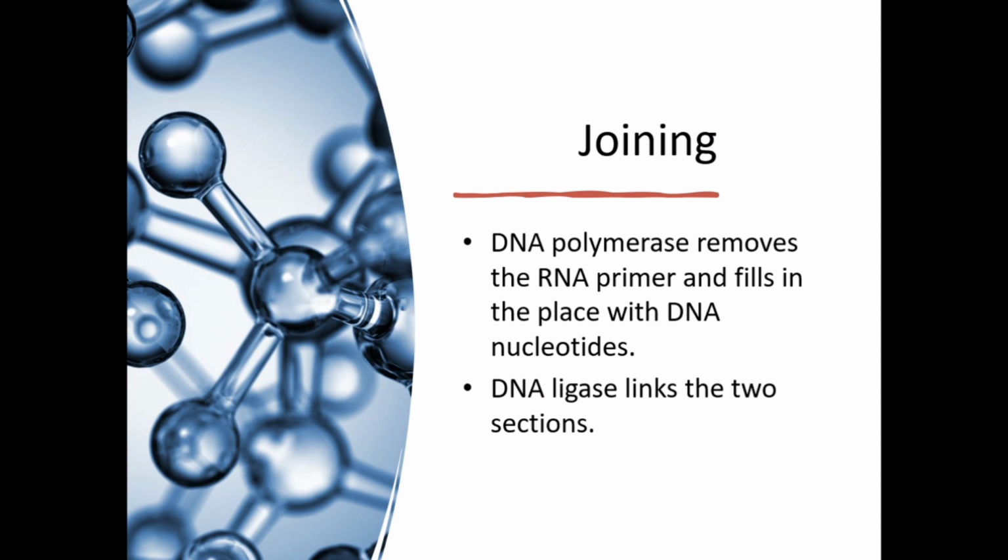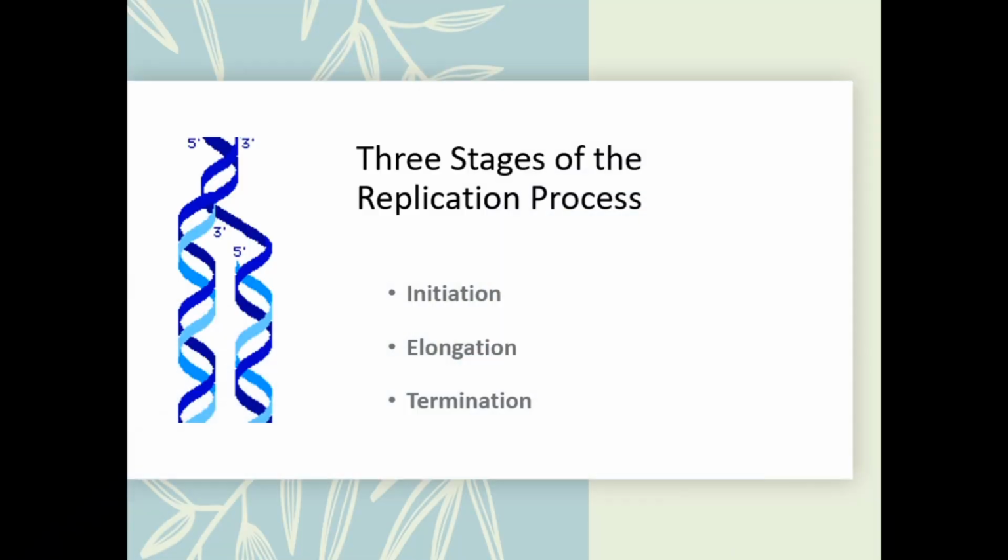It starts with the joining of RNA primers with the unwound DNA molecules. These primers are made up of RNA, and DNA polymerase removes the RNA primers and fills in the place with DNA nucleotides. DNA ligase links the two sections, filling the gaps or nicks between them.